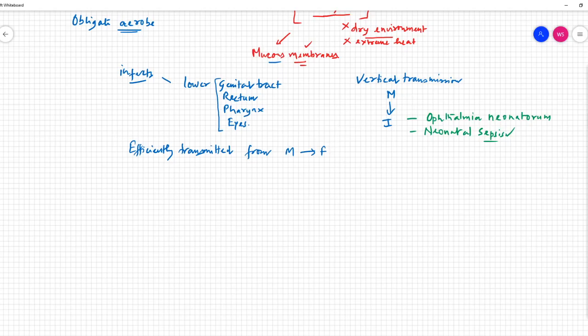Let's look at the pathogenesis. This diplococci has got virulence factors. Some of the most important virulence factors are pili. With this pili, it attaches to epithelial cells.